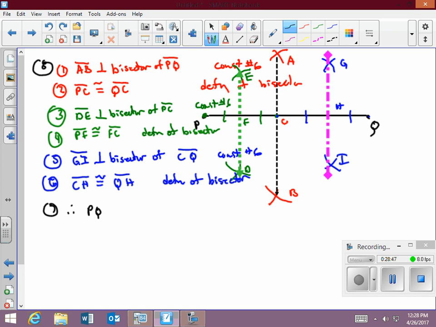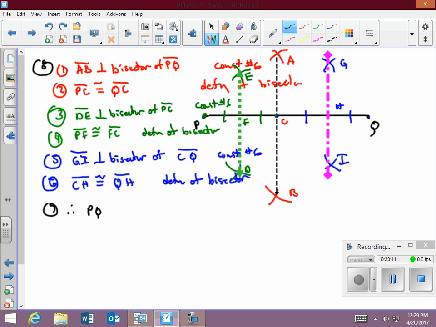To prove it definitively, you'd have to go back and talk about that PC is congruent to CQ, that these two divide those into half, the other two divide them into half, therefore, but that's pretty lengthy on a construction problem.